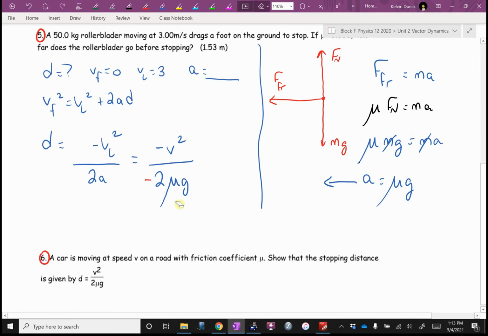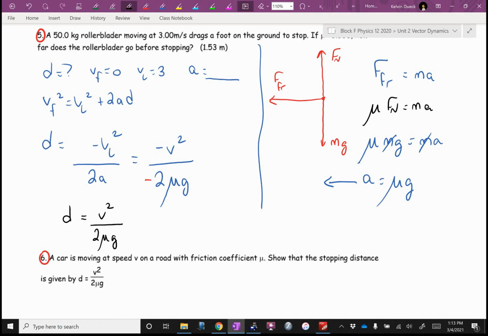I would have made that acceleration negative. And then I get a negative divided by a negative, which I'm pretty sure last I checked was positive. And I get that stopping distance when you're dragging yourself to a stop, whether it's using your car's brakes, or dragging your rollerblader, or using your bike tires, it's v squared divided by 2 mu g.